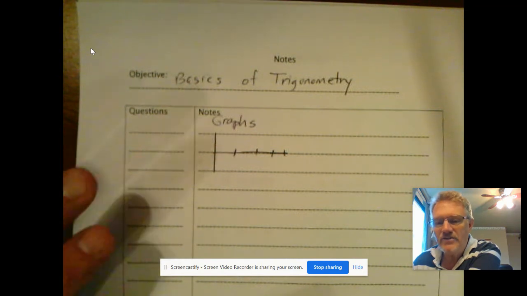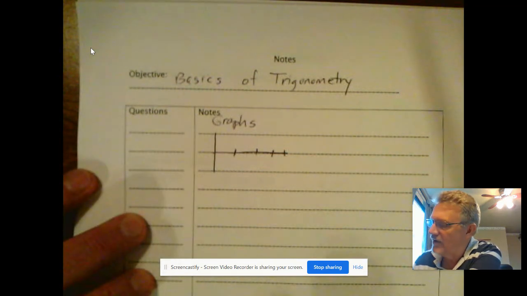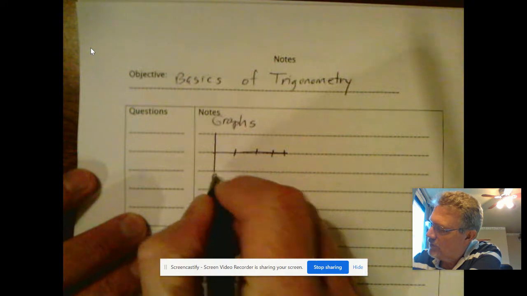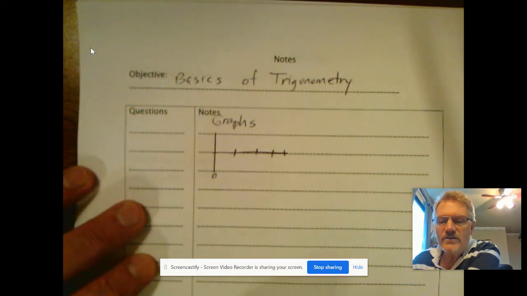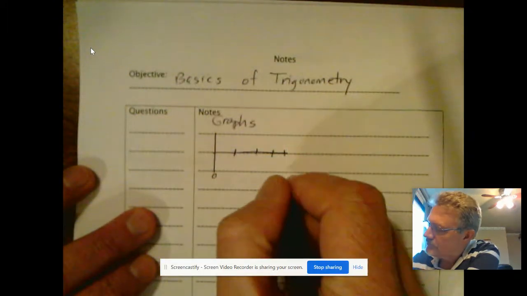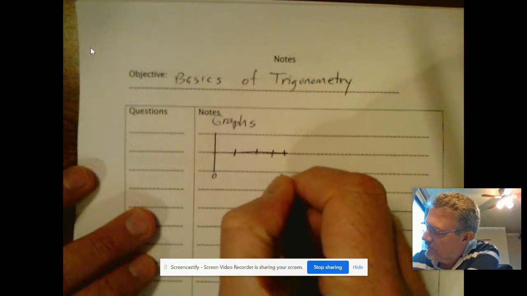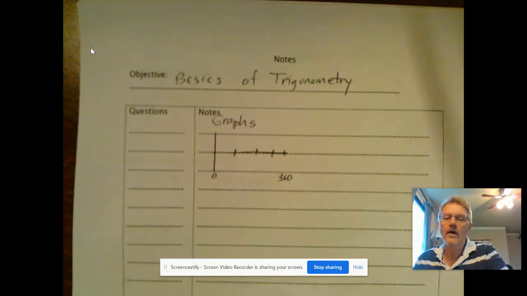Now you got to use your imagination that they're equal because it's off just a little bit. So 0 degrees is at the y-axis, and we complete our graph at 360 degrees.